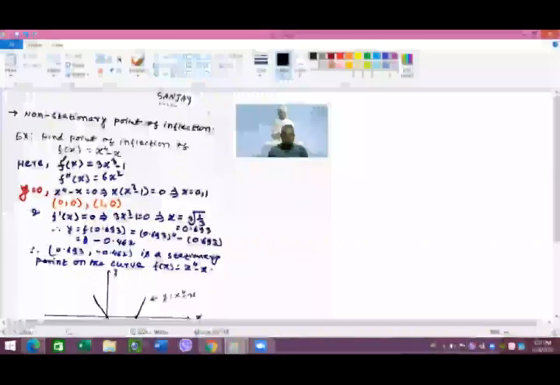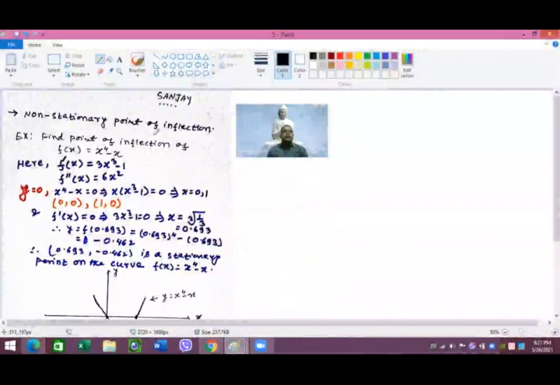All right. Okay, guys, let's now talk about non-stationary point of inflection. We shall deal with this situation by taking one example. In this example, it says: find the point of inflection of f(x) equals x to the power 4 minus x.